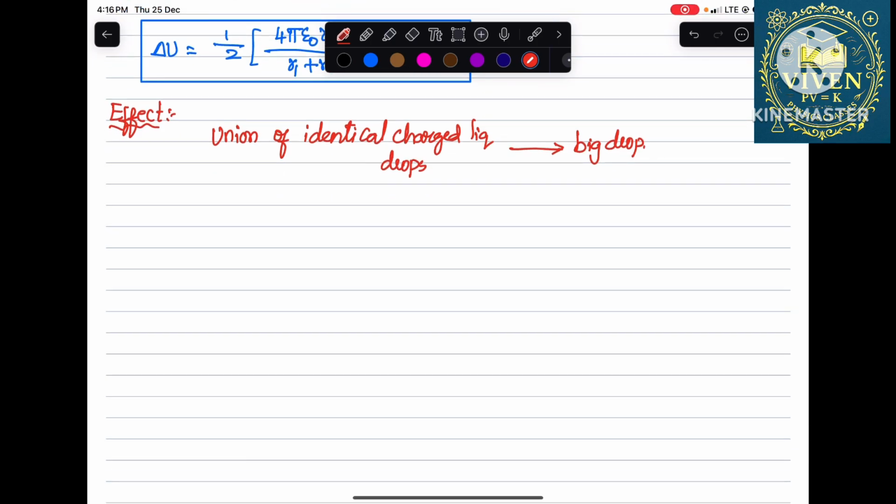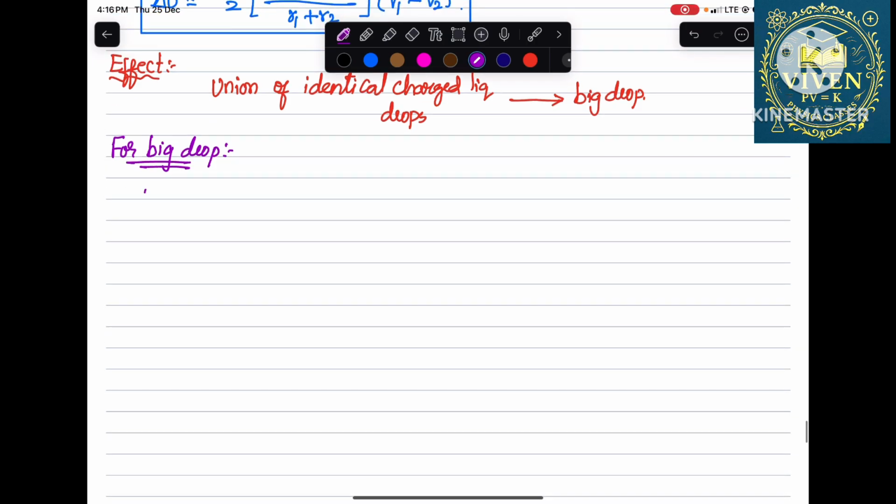So for the big drop, I would like to write all the cases. For a given big drop, where all the small drops are united to form this big drop, what are all the things that change? The first one, radius of the big drop is equal to n to the power 1 by 3 times r, and charge on the big drop is equal to n into q, where n stands for the number of identical drops.